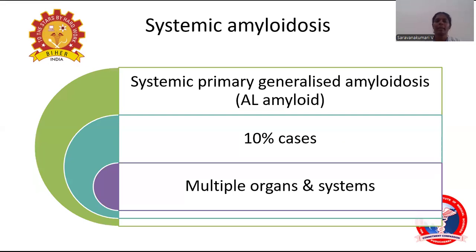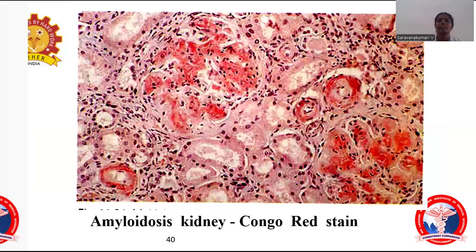Amyloid deposits are seen in 10% of the cases of multiple myeloma, and the amyloid will be, as I discussed prior, the amyloid light chain type, and the amyloid deposits will be seen in multiple organs. And this is the special stain, Congo red, where the amyloid is highlighted as red pink in the glomerulus and the tubules.